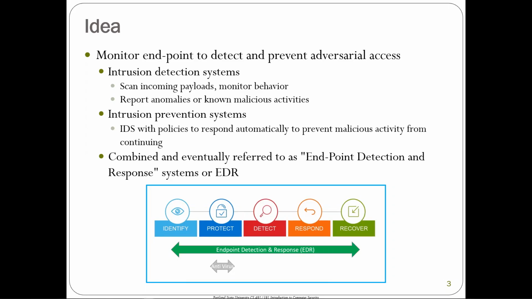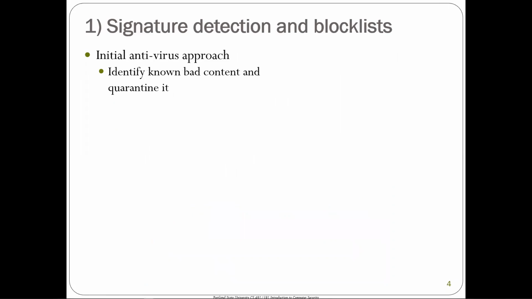Within this EDR system, there are a whole bunch of techniques that you'll use. The first technique is signature detection and block lists. The idea here is that you have a library of known bad content, and you look for it on your running system.